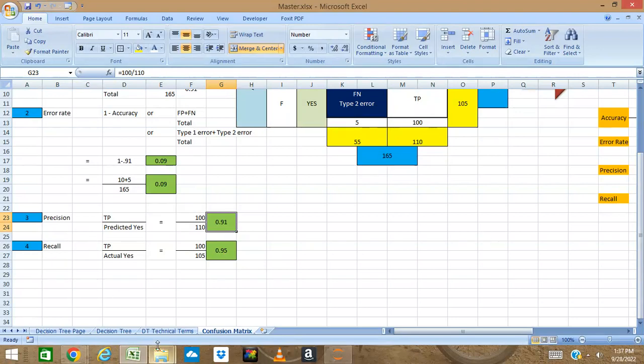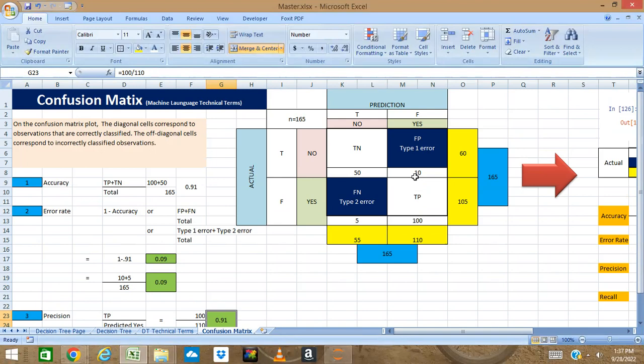Right now, let's connect this confusion matrix with one of our practical case studies which we have done.